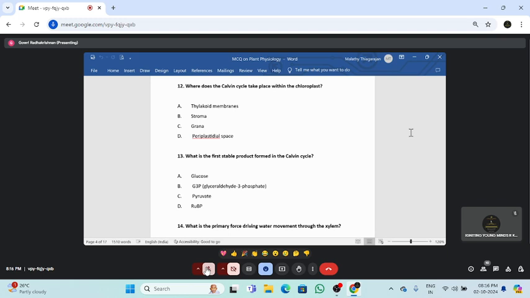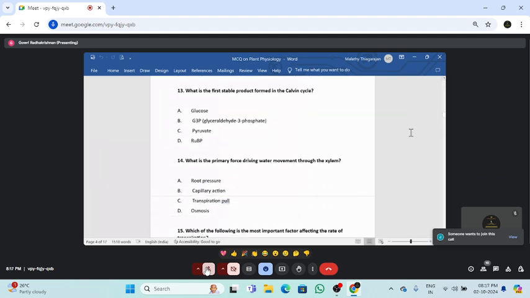So the actual Calvin cycle takes place in thylakoid or stroma or grana or periplastidal space? Thylakoid, ma'am. No, it happens in stroma. Okay, ma'am. Next, 13. Which is the first stable product formed in the Calvin cycle?